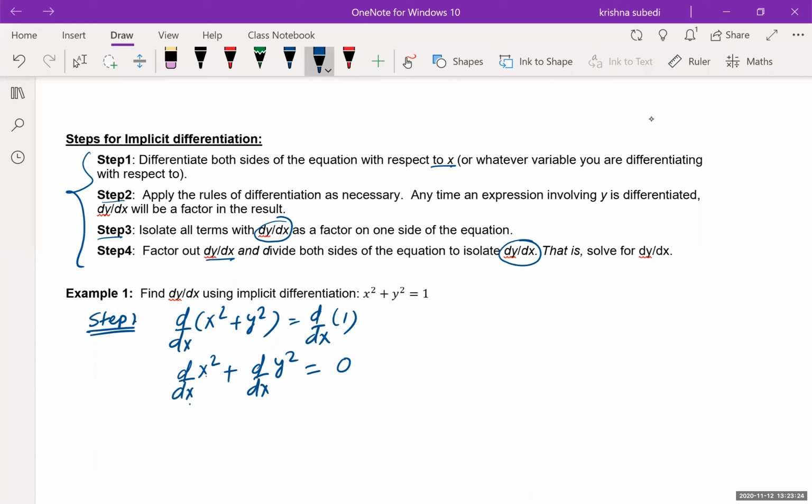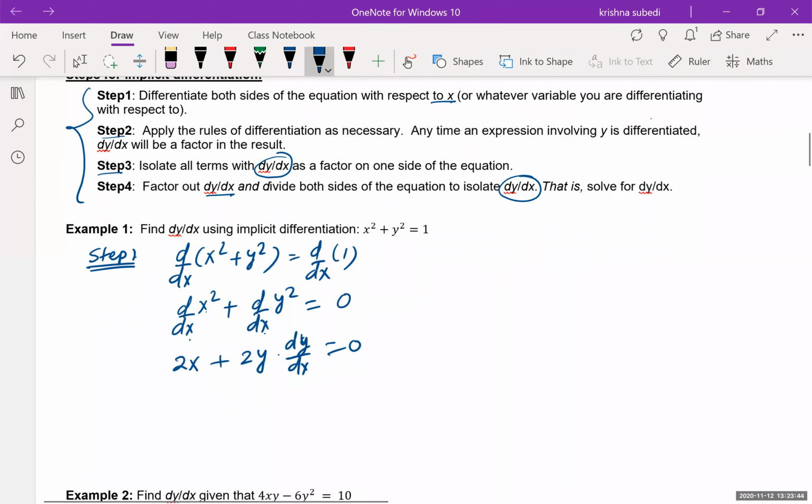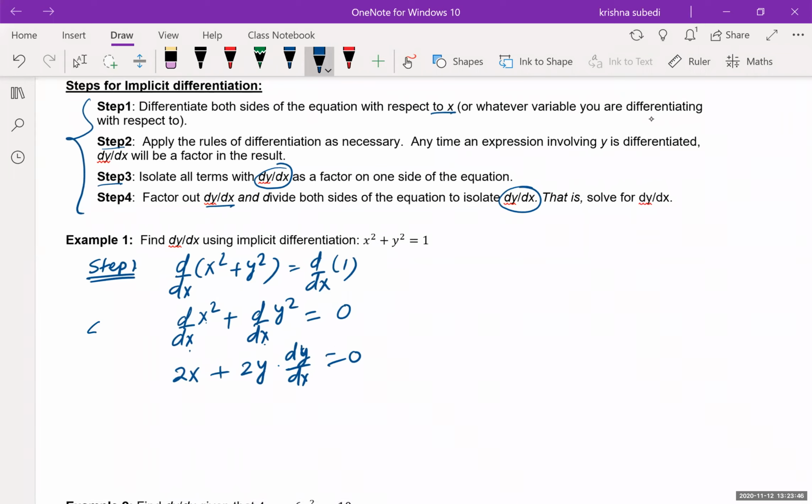Since x and x are the same variable, we will have 2x here, plus y and x are different variables, so we use the power rule for this y squared, which becomes 2y. And since the variables are different, we write that one extra factor, basically using the chain rule, equals 0.